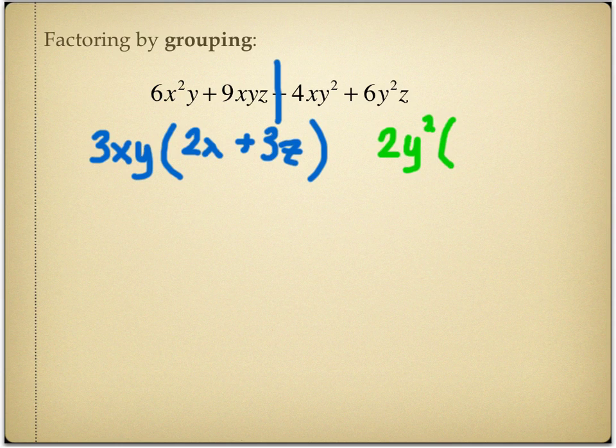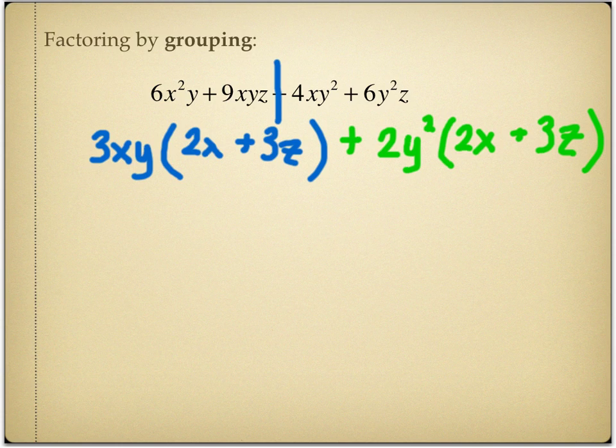And then I'm going to have 2x plus, sure enough, 3z, like that. Okay? That sign in the middle there, I'm going to say that that was a plus sign instead of a minus sign. I think that might goof us up a little bit.